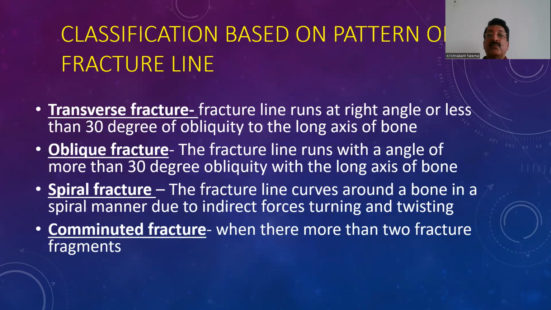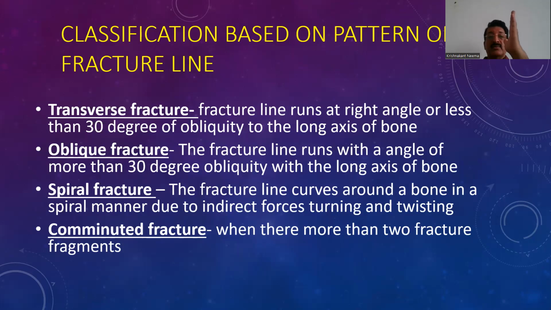One more interesting way to classify a fracture is classification based on the pattern of fracture lines. Is the fracture line transverse? So it can be a transverse fracture. The fracture lines run at a right angle or less than 30 degrees of obliquity to the long axis of bone.